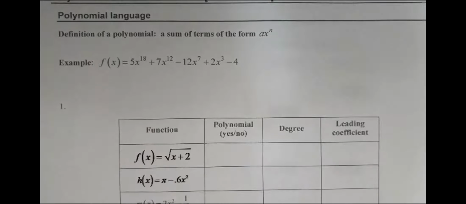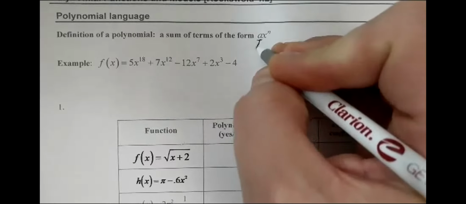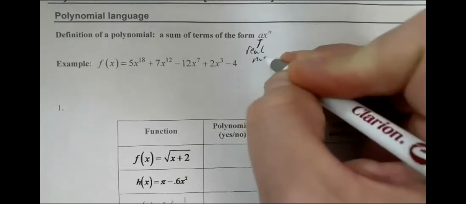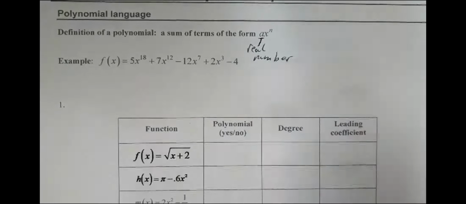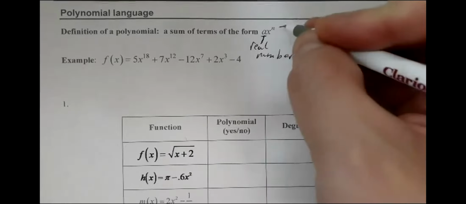So the definition of a polynomial is a sum of terms of the form ax to the n. So it is something that has an x variable on it, or a constant, where a is a number, and n is typically used for natural numbers.